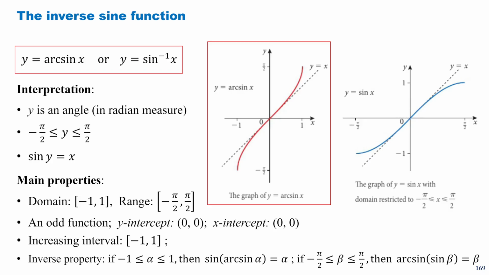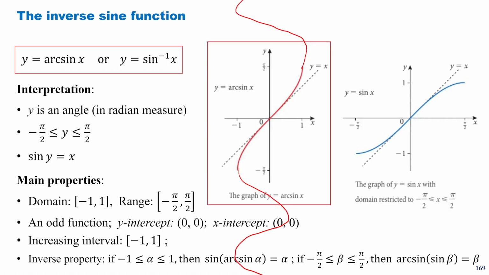Because sine x is a periodic function, if you simply find its inverse, then its inverse will have a graph like this. If you consider all the periods, then the inverse of sine will look like this. Well, actually, this is not a function, right? Because it does not satisfy the vertical line test. For any input, we will have more than one output corresponding to the inverse of sine.